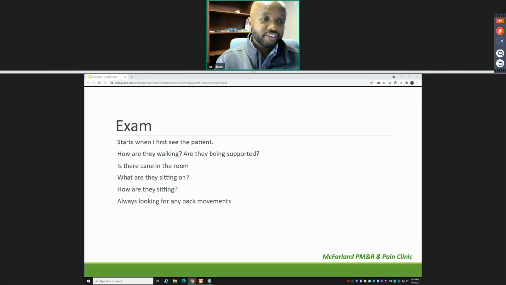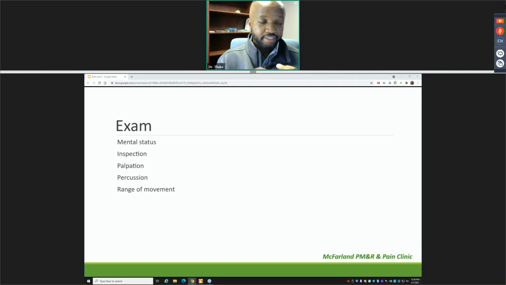Is there a cane in the room? What are they sitting on? How are they sitting? It just helps me to start formulating the diagnosis or what I need to look for further in the exam. And this comes in about 5 different stages or classifications, but again, this can vary depending on the provider.